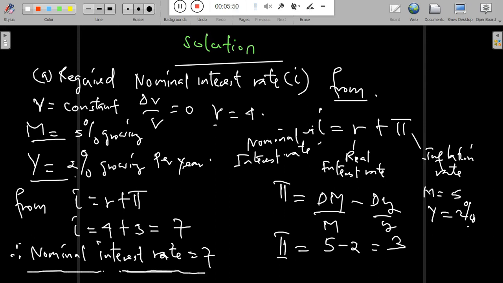So that is part A. The nominal interest rate is equal to 7%.